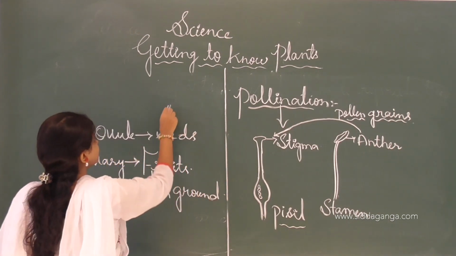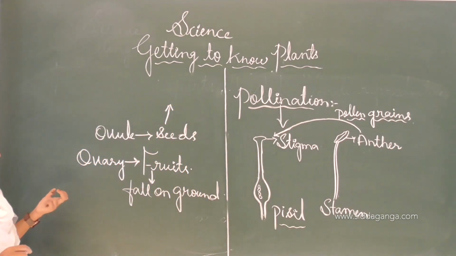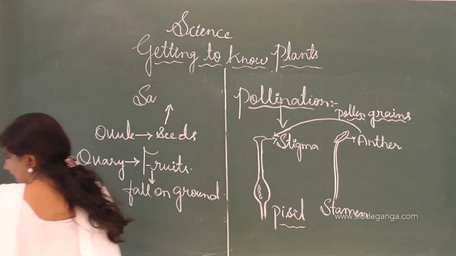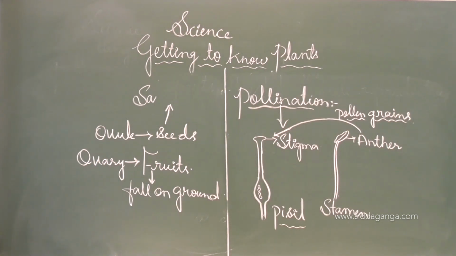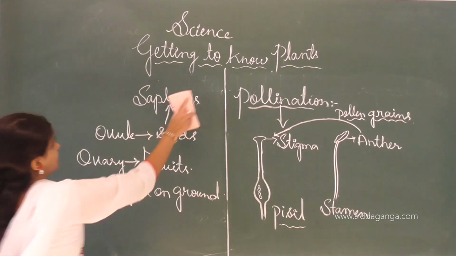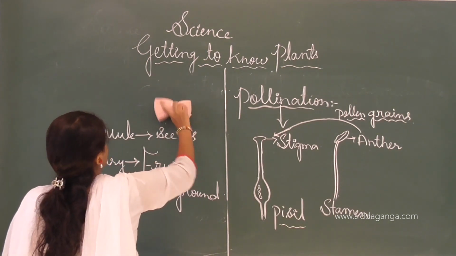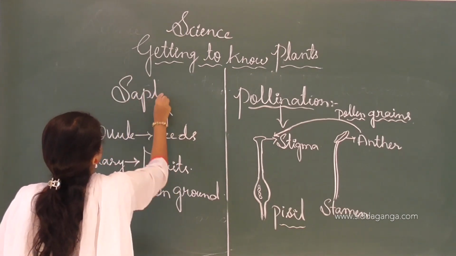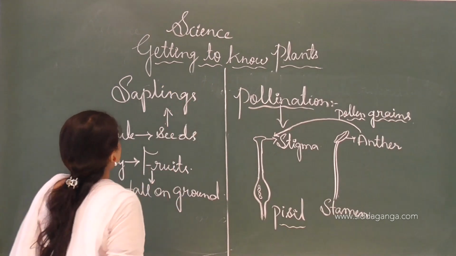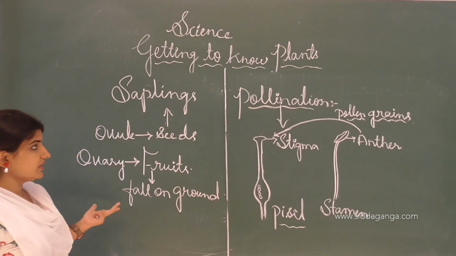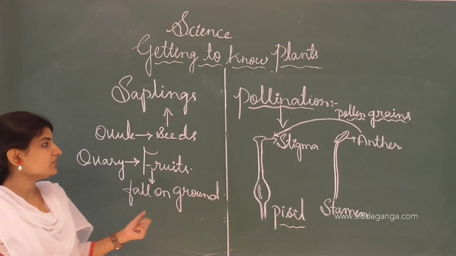And these seeds, when present in the ovule, will mature to form a sapling. Saplings. From the sapling, one more new flower will germinate, and the plants will grow.